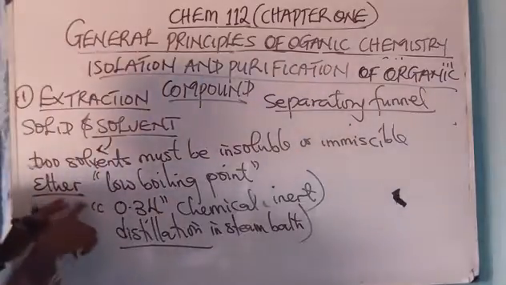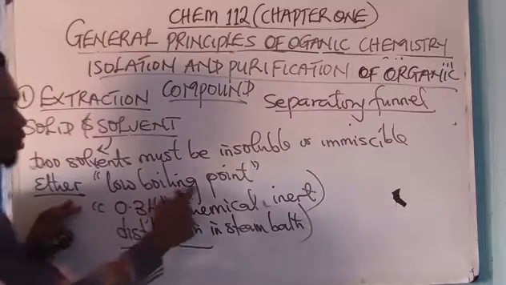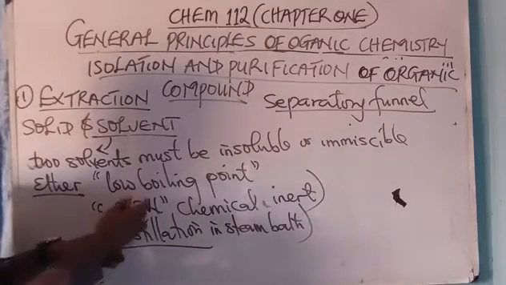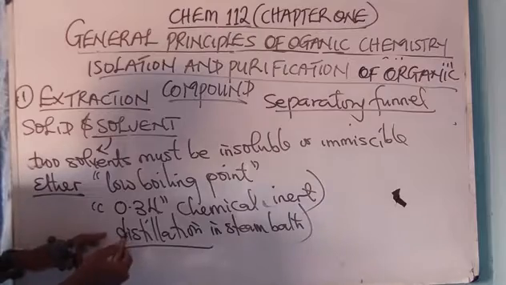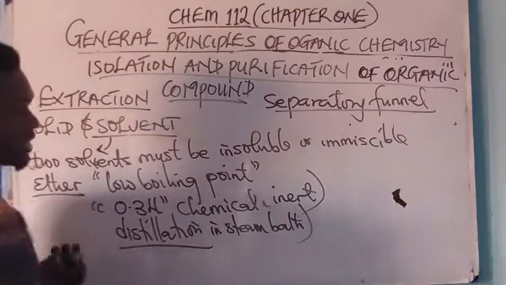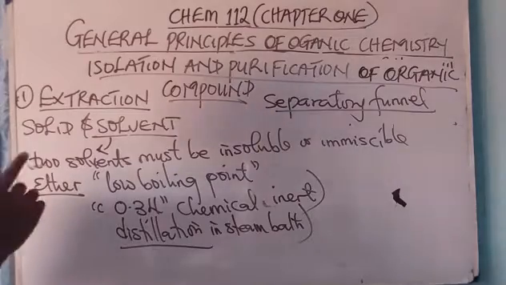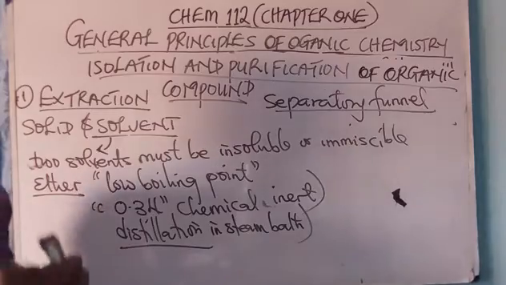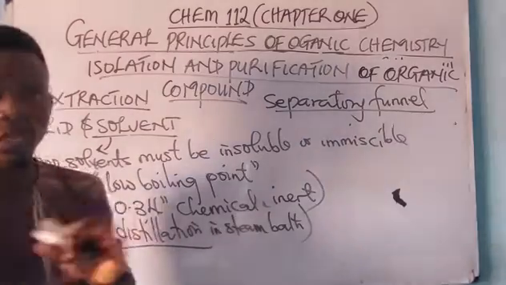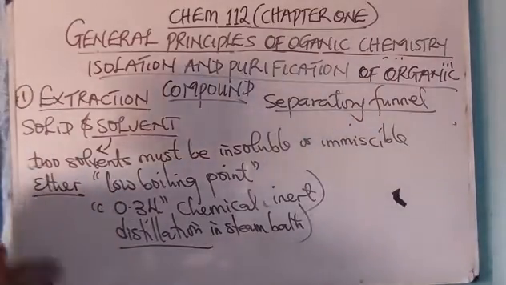I said it is used to extract other compounds because of its low boiling point, because of its low density, that is 0.34 gram per dm cube, and because it is chemically inert. It is only moderately soluble in water. That is, it is not completely soluble in water; it is sparingly soluble in water.